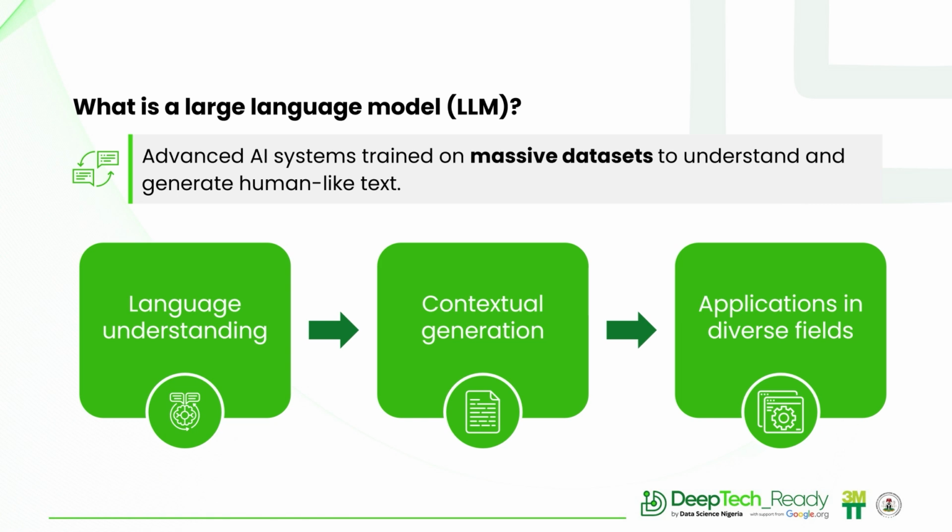Key features include language understanding, where it captures meaning and context from text, contextual generation, where it produces coherent and contextually relevant responses, and applications in diverse fields, because LLMs are used in several applications including chatbots, translation, summarization, content creation, and more.